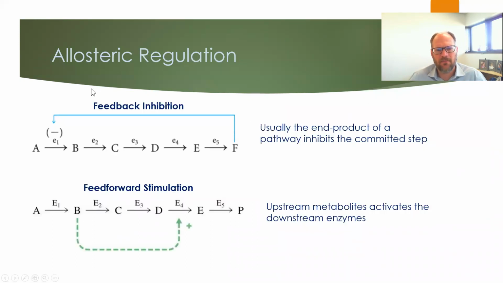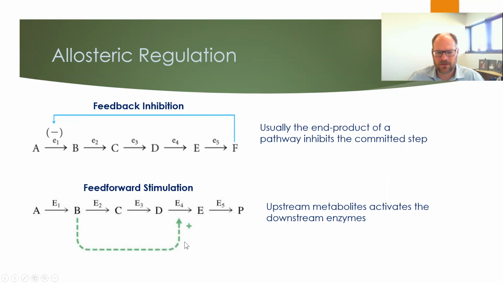So there are two main categories of allosteric regulation: feedback inhibition and feed-forward stimulation. In the case of feedback inhibition, the products at the end of the pathway can inhibit something upstream. Typically, this will be an enzymatic step that involves a commitment of energy, or is otherwise a committed step for one reason or another.